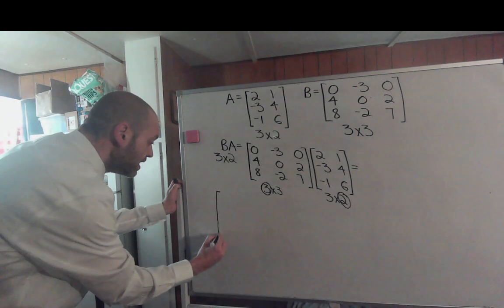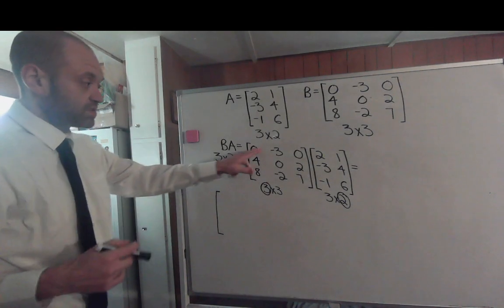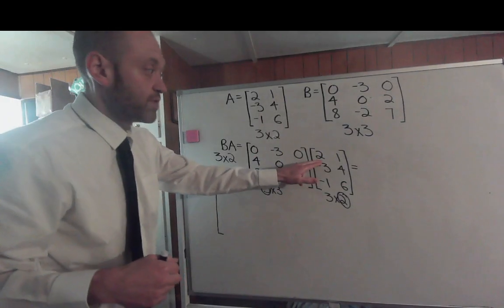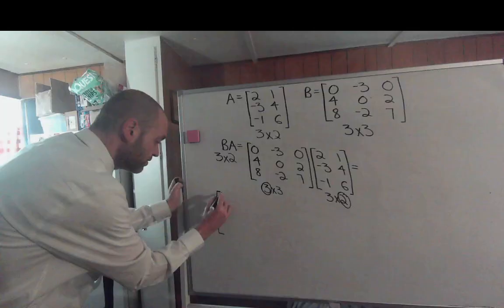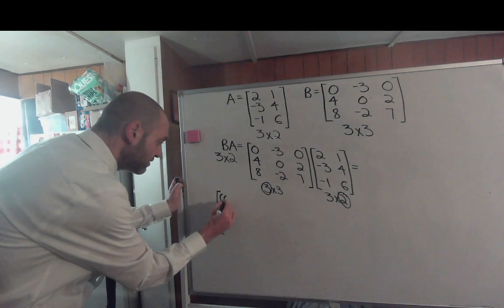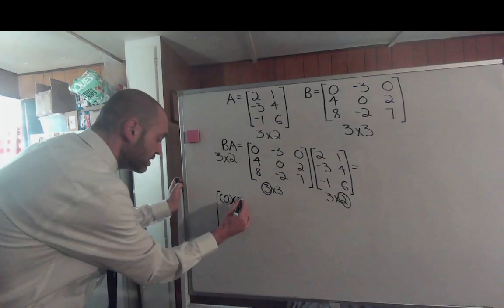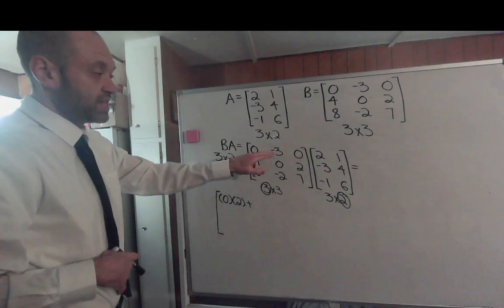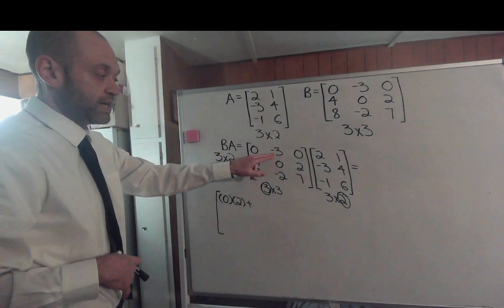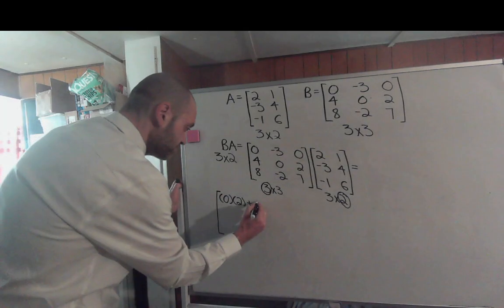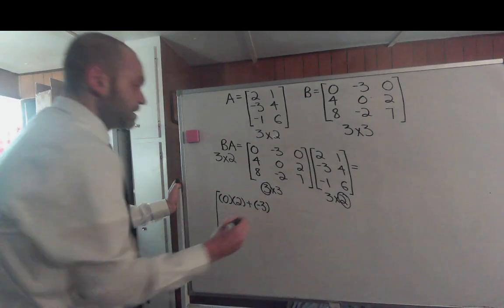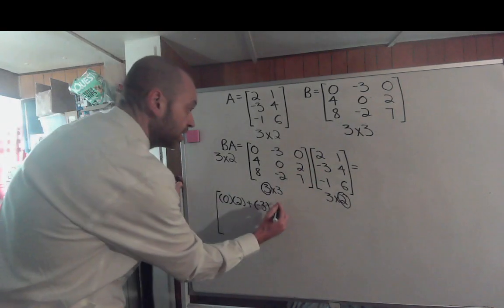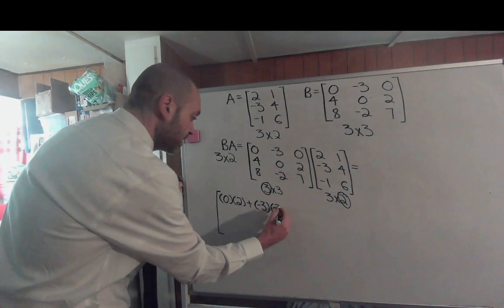So, anyway, as I was saying, take the first number of the first row of the first matrix times the first number of the first column of the second matrix. So you'll have 0 times 2 plus the second number of the first row of the first matrix, which is -3, times the second number of the first column of the second matrix, which would be also -3.